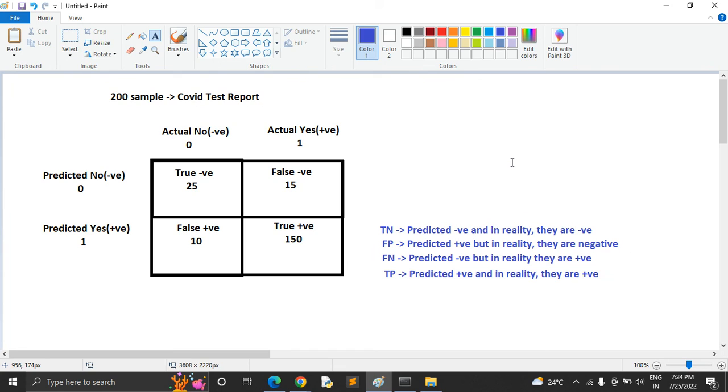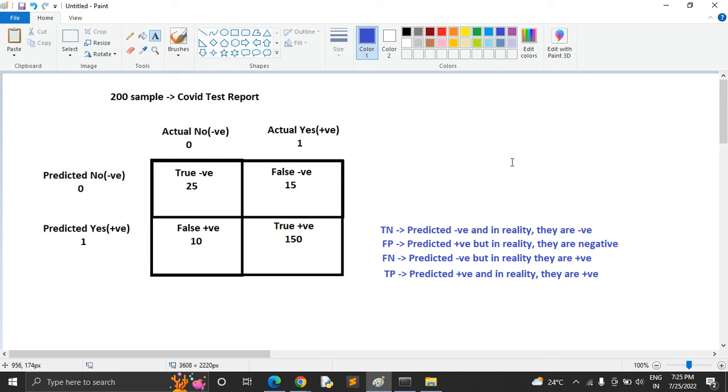So these are the terms, that is true negative, where your model has correctly identified the people who are actually COVID negative, who don't have COVID. In reality, they don't have COVID, and the model also predicts that yes, they don't have COVID.